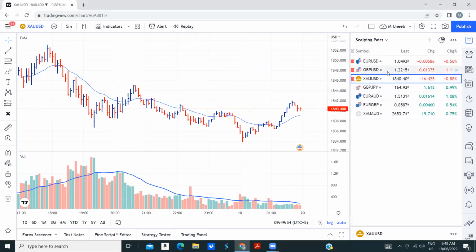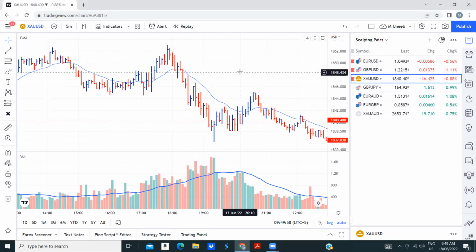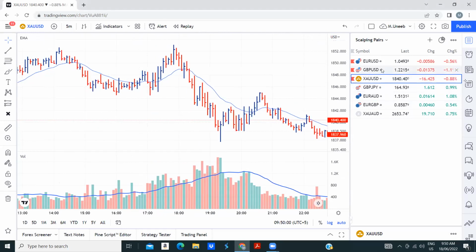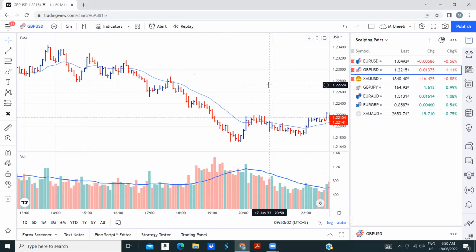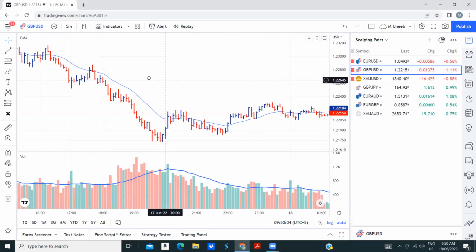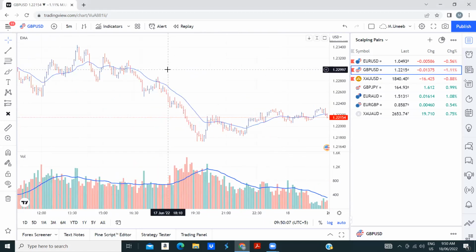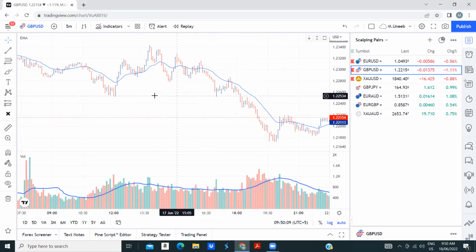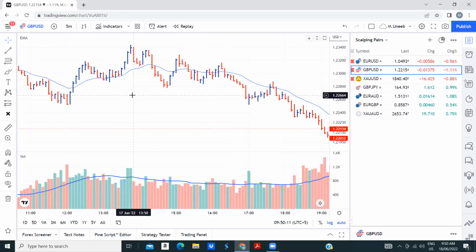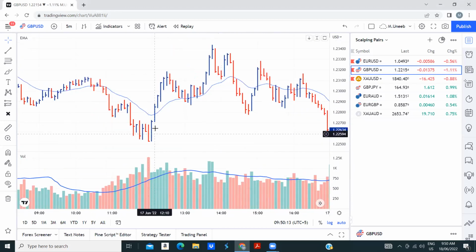Now let's go for this one, GU. Here, if you see, there are consistent bars right over here. You see how the bars are moving, right? With a steady pace.